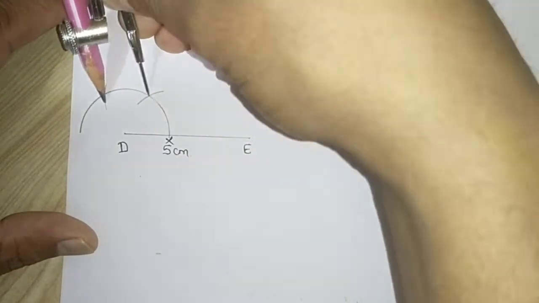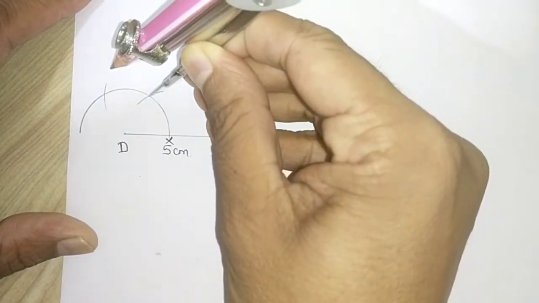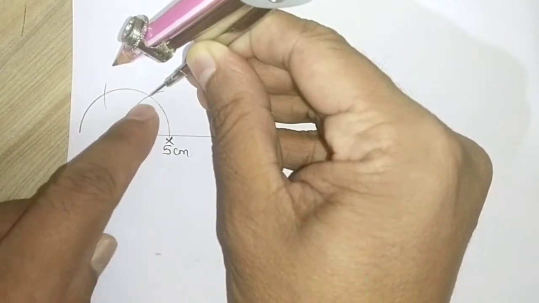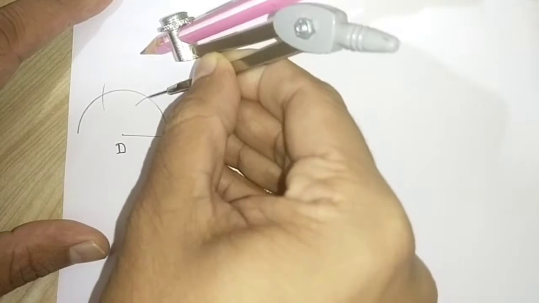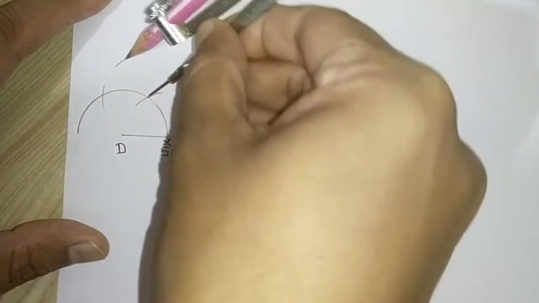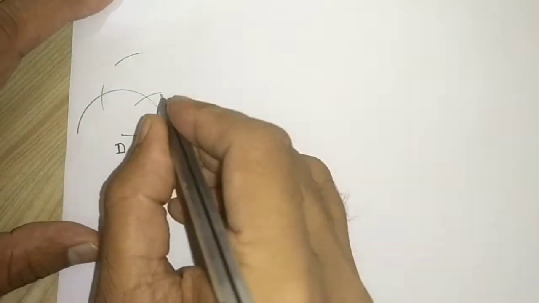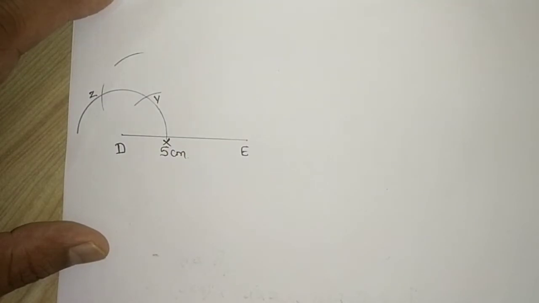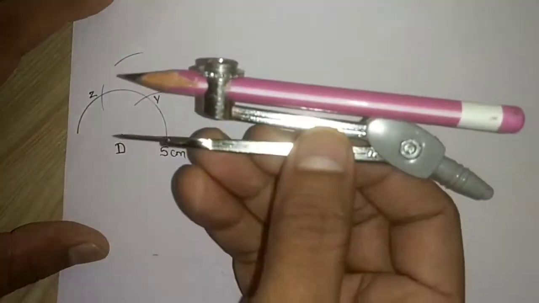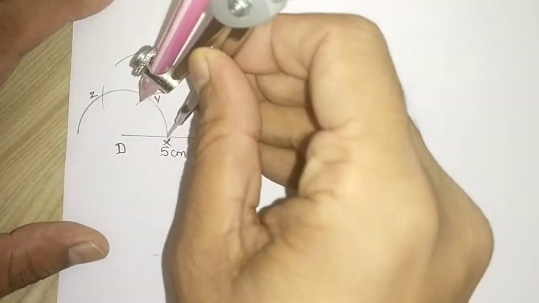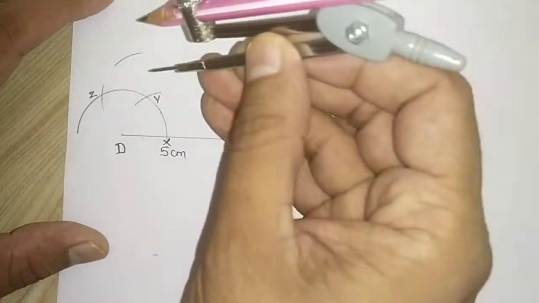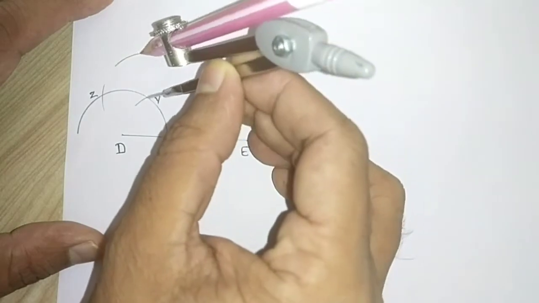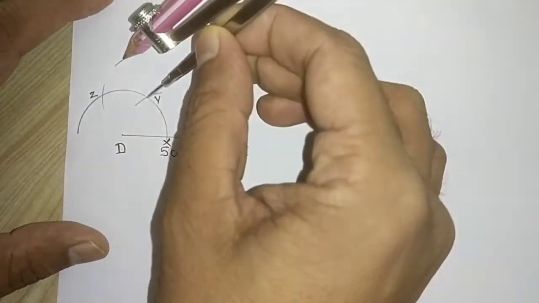Name it as Z. Now again taking the same measurement, keeping the needle on Y only, cut one another arc in between Y and Z. Again repeating, first you are supposed to take one semicircle with the same measurement, put it on X, cut one arc, that is Y. Now putting the needle on Y, cut one arc, that will be our Z, and one another arc which will be between Y and Z.